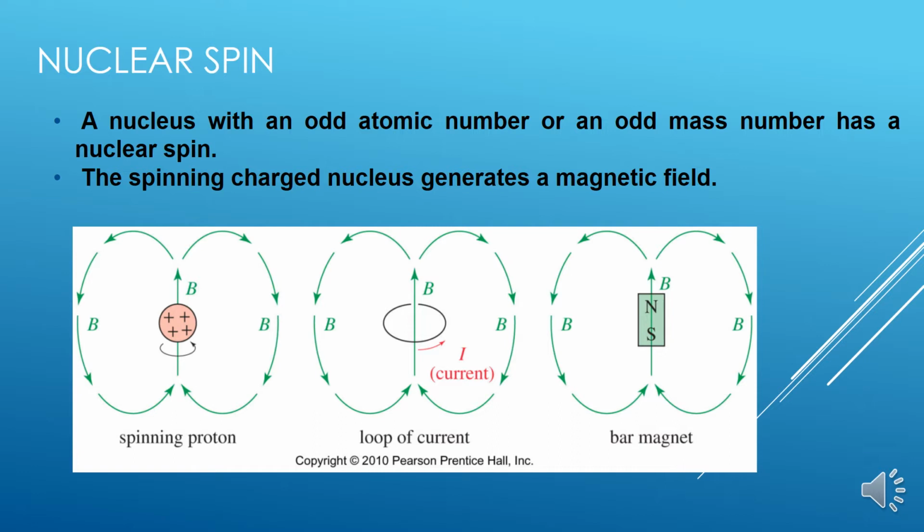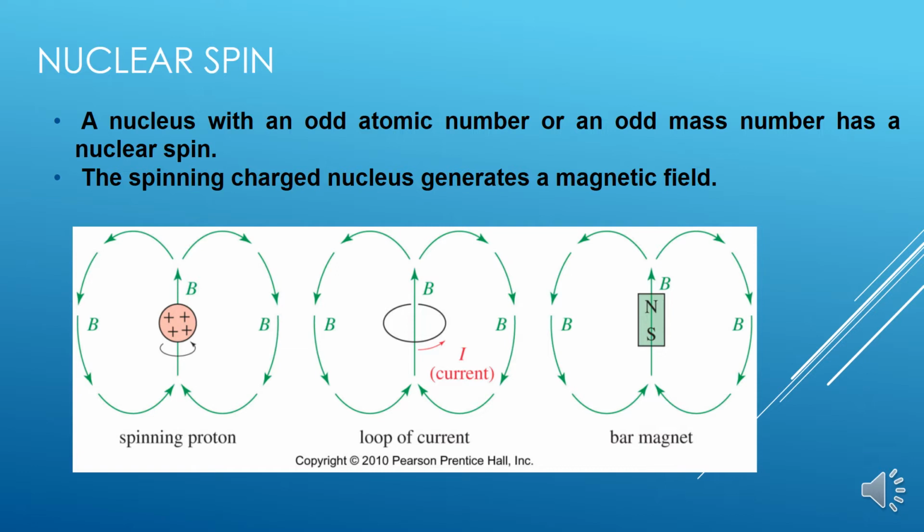Remember, suppose we place this type of charged nucleus in a very strong magnetic field. It separates them into two groups: those that align with the applied field and those that are aligned against the field.